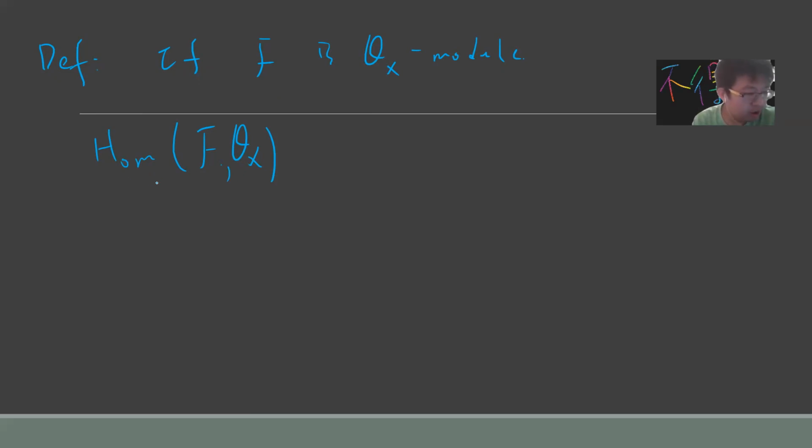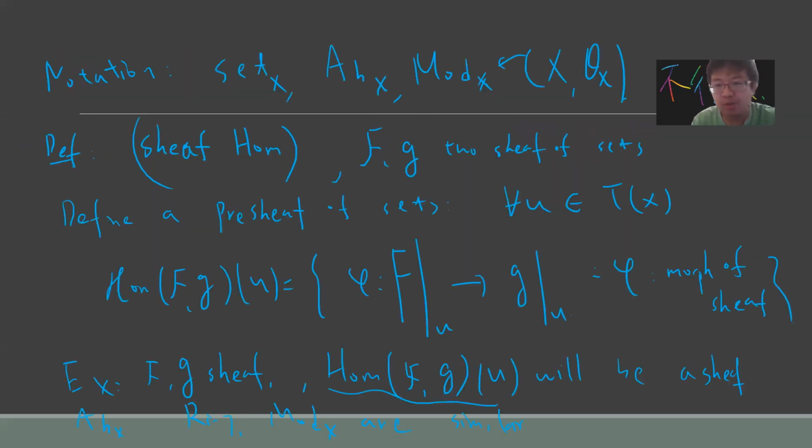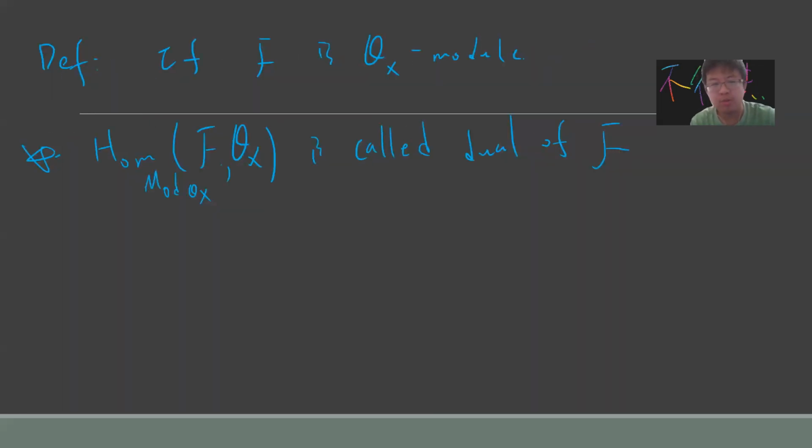So you can take the Hom of this module F into O_X. These guys are called the dual sheaf, the dual sheaf of F. This is the generalization of the dual of a vector space, right? Because you can view the vector bundle, so if your space is a point, then this becomes just the dual of the vector space.